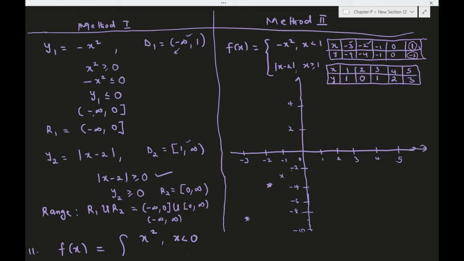Minus 1 will be somewhere here. Then the next one is 0. When x is 0, we have 0. So this is the point. Then, when x is 1, we're on the last point here, it's going to be minus 1. So it means you're back down here.